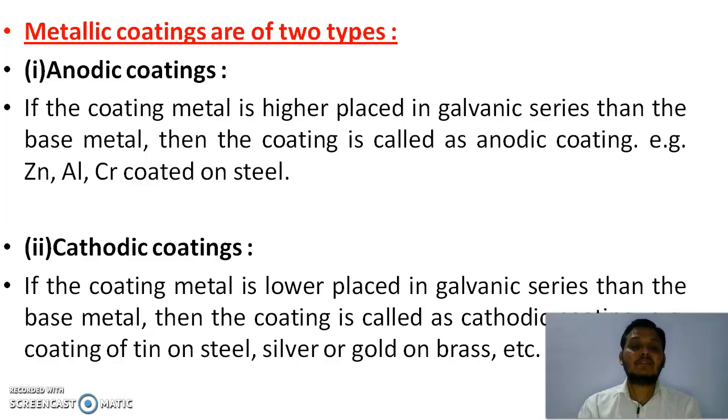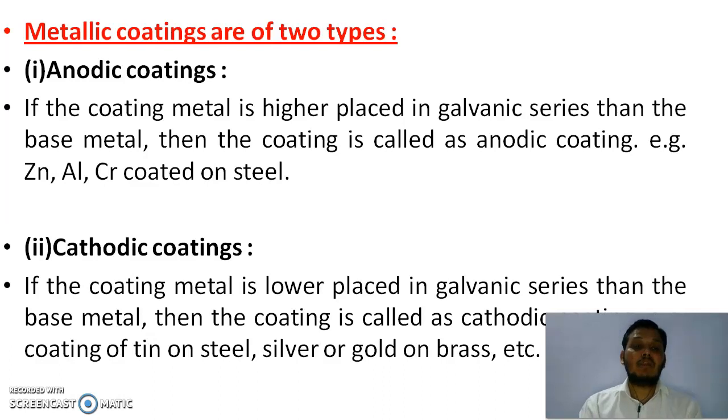The second one is cathodic coating. If the coating metal is lower placed in the galvanic series than the base metal, it is called cathodic coating. Examples are tin coated on steel, and silver coated on brass or gold coated on brass.